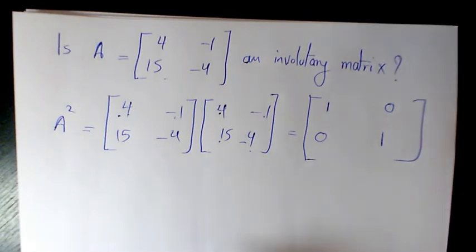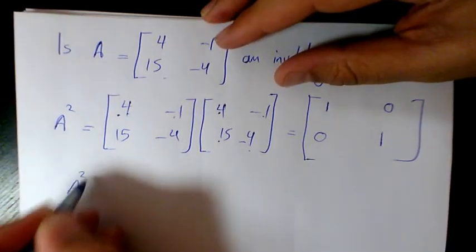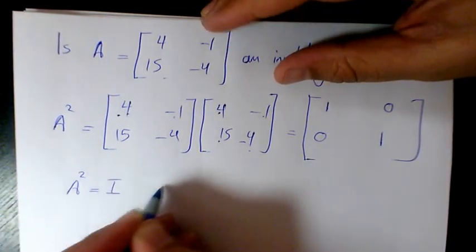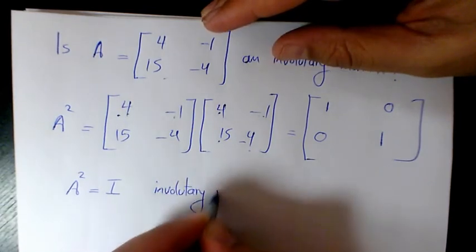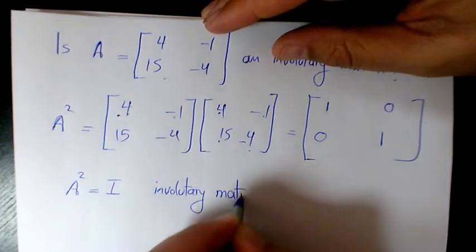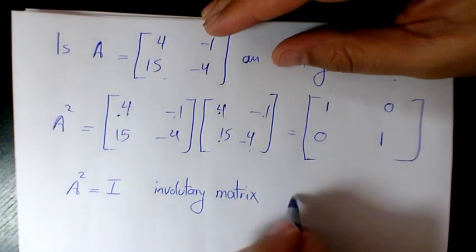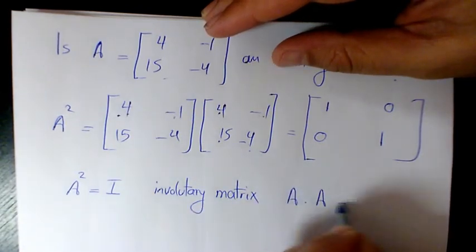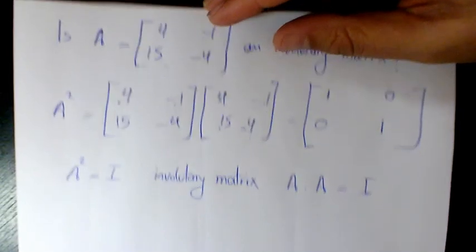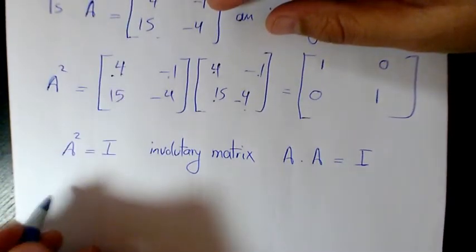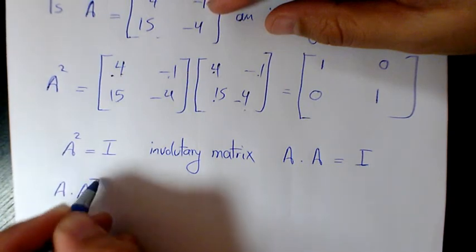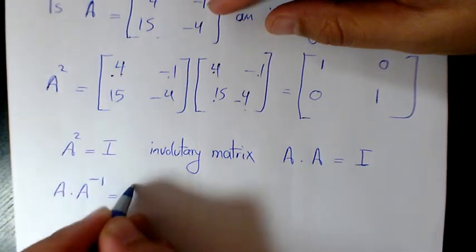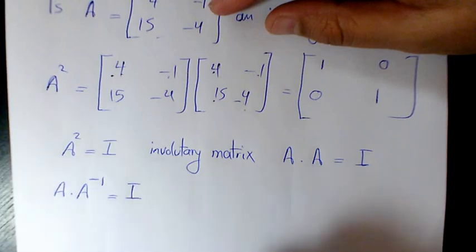Something very important is that when you have an involutory matrix, A squared is equal to the unit matrix. It means that A times A equals I. We know that for every square matrix, A times the inverse of the matrix is going to be the unit matrix.